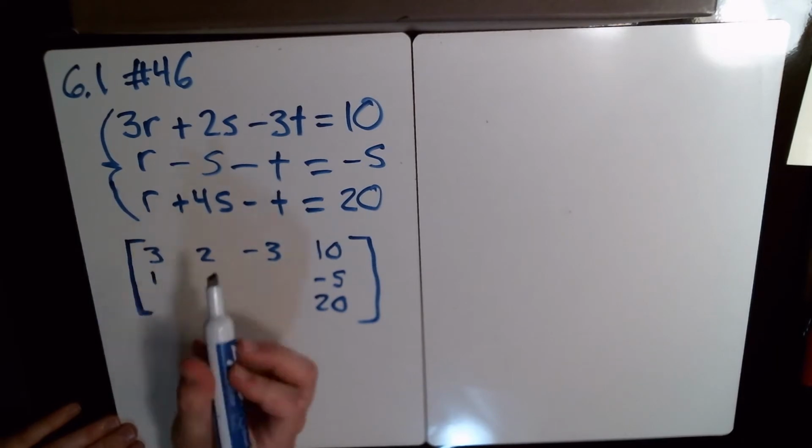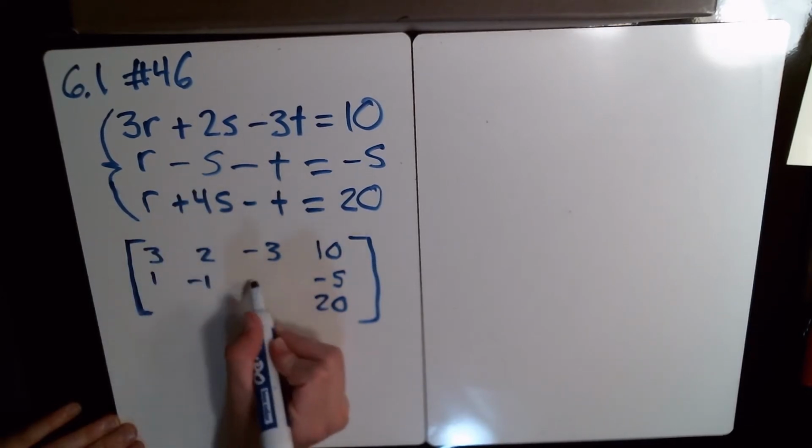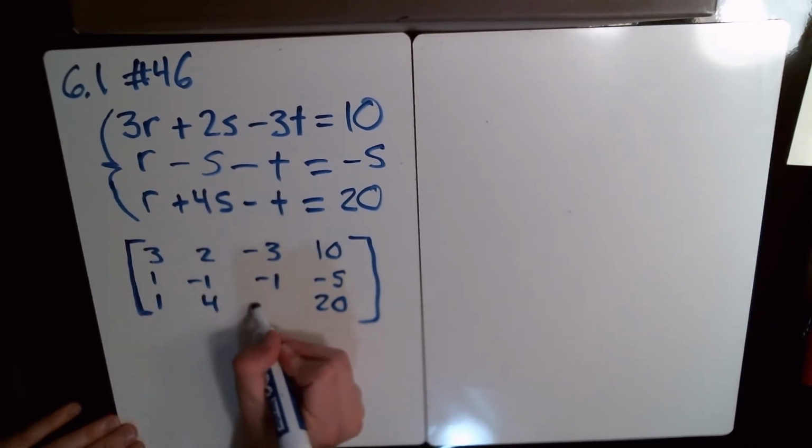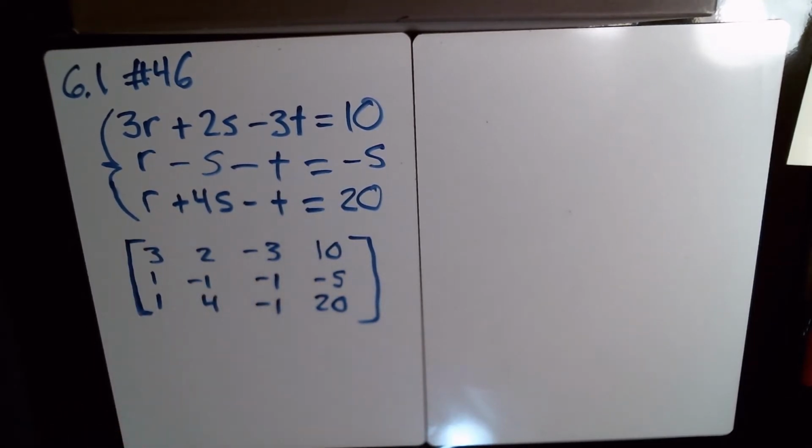Coefficient on R is 1, -1, -1, 1, 4, -1. Okay, so that's our augmented matrix, and then we do row reduction to simplify it, to get it into reduced row echelon form.